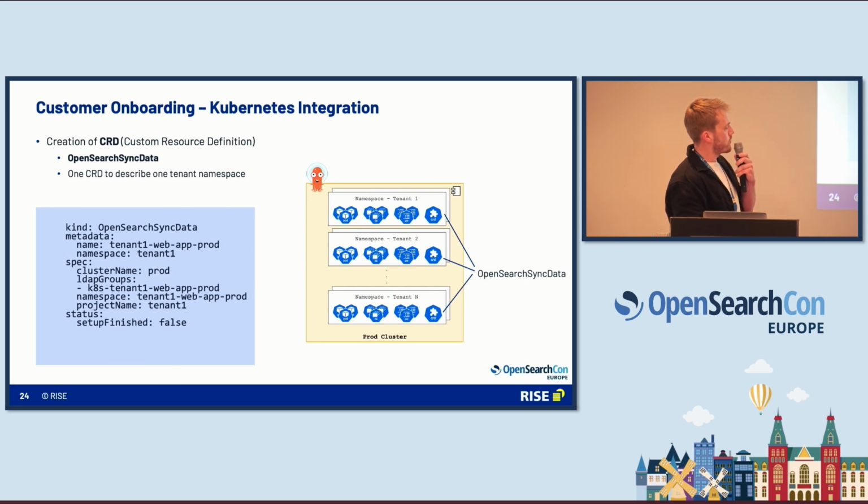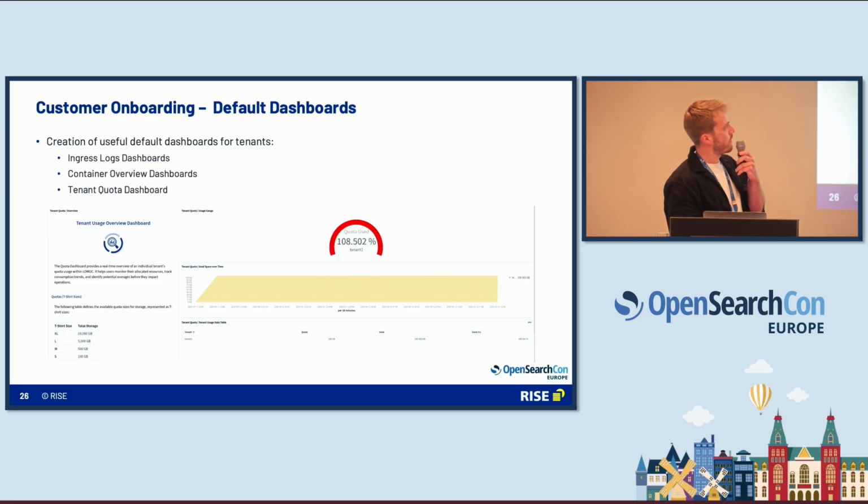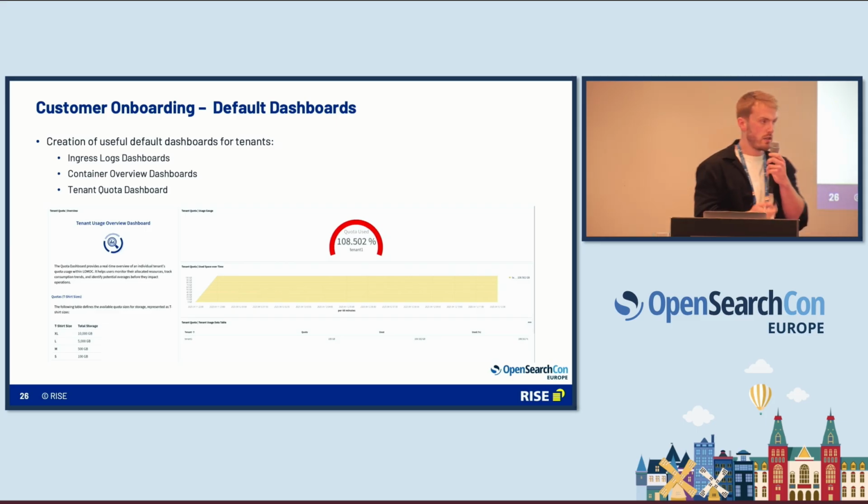At the bottom, you can also see this setup finished boolean, which is currently set to false. Once this is set to true, the Kubernetes logging operator will start the log flow and the ingestion will happen. I also briefly talked about default dashboards, and default dashboards are just a great way to visualize information for your tenants.